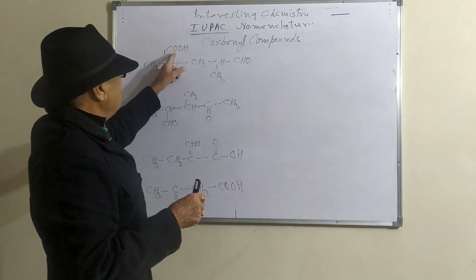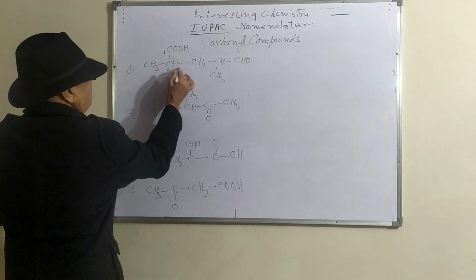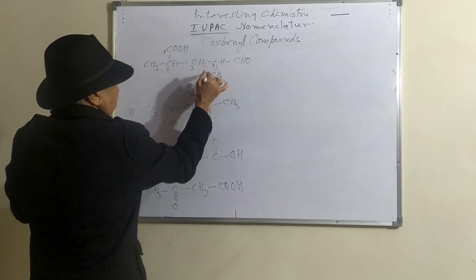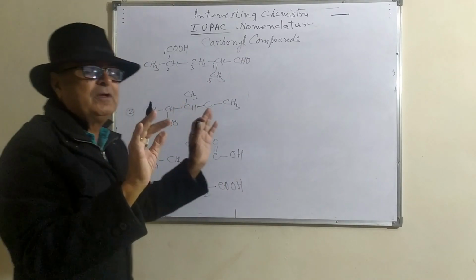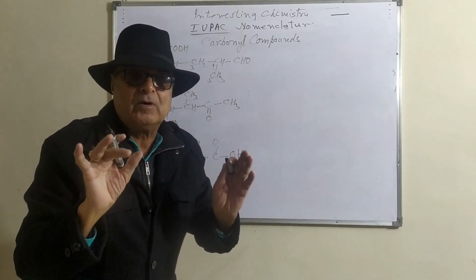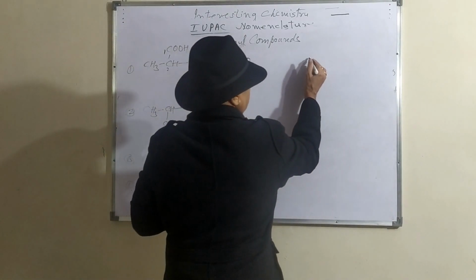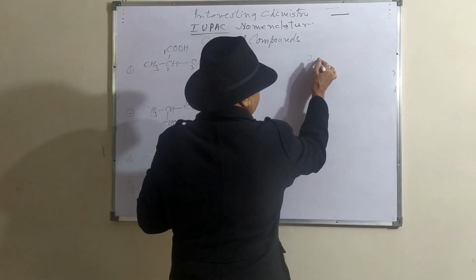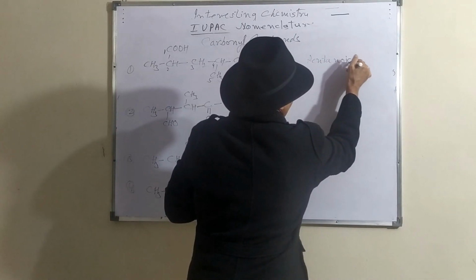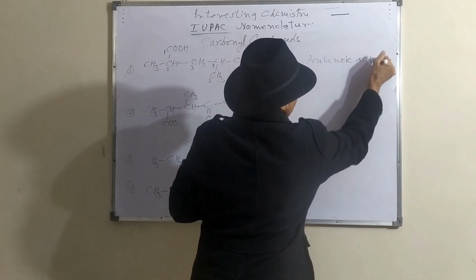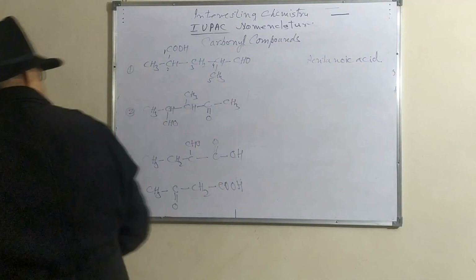So the main compound is here the acid: 1, 2, 3, 4 and 5. So the name of this parent compound is pentanoic acid. The name of this compound is pentanoic acid.